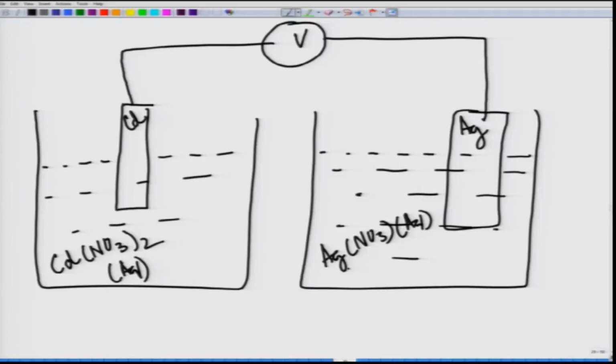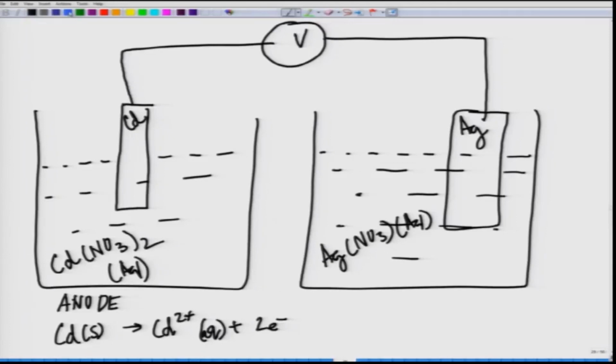Now, this is your anode, where the oxidation is happening: Cd solid moving to Cd2+ aqueous plus 2 electrons. So, this is one side of the reaction.